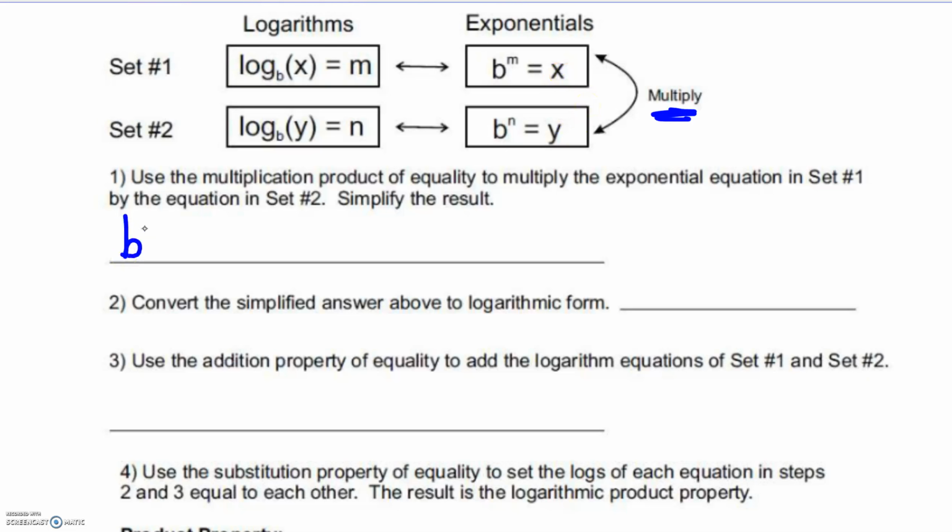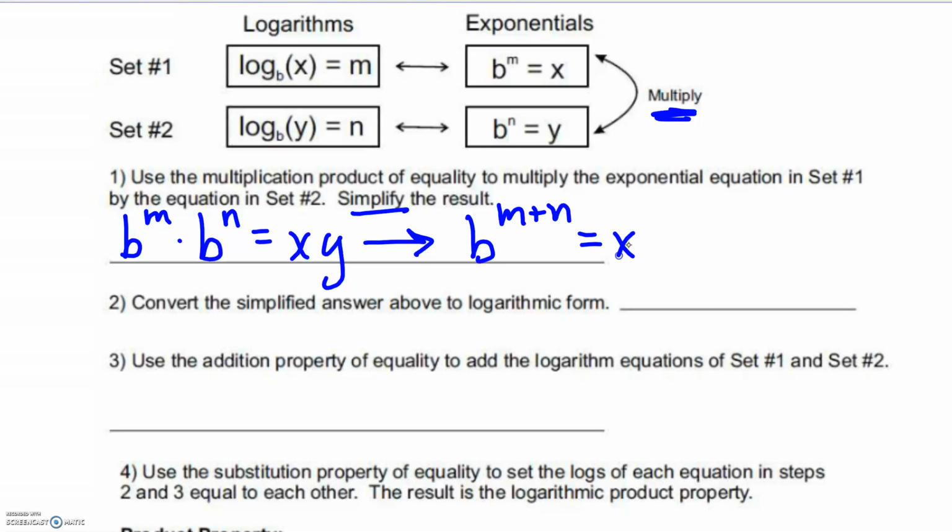So I'll have b to the m times b to the n equals x times y. And we need to simplify that result. So we know over here on the left-hand side, when you're multiplying two expressions with the same base, you add the exponents. So that would give us b to the m plus n equals x times y.